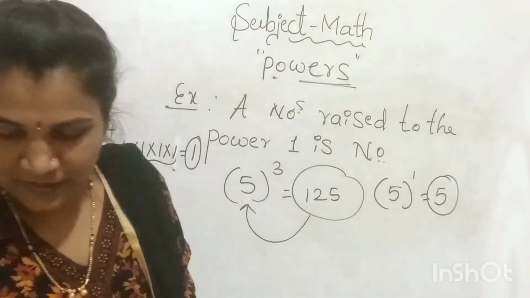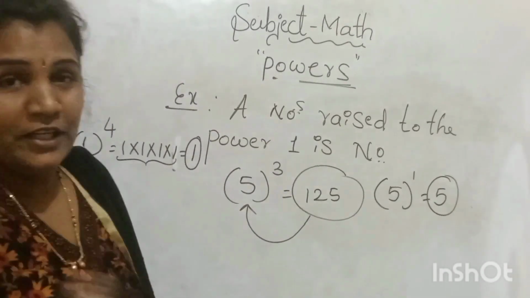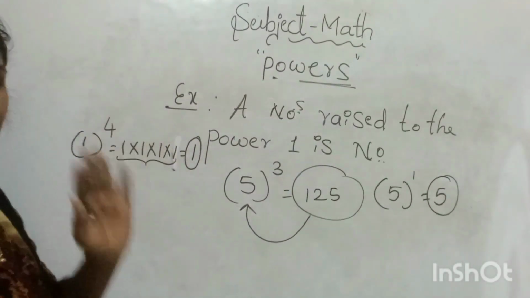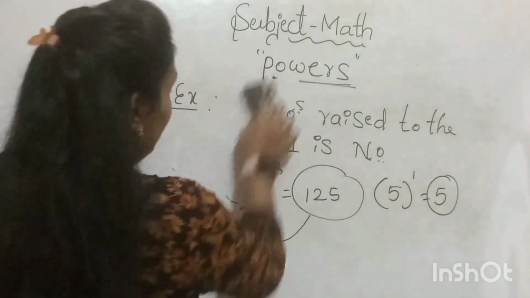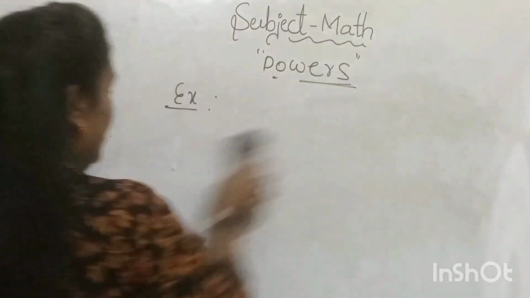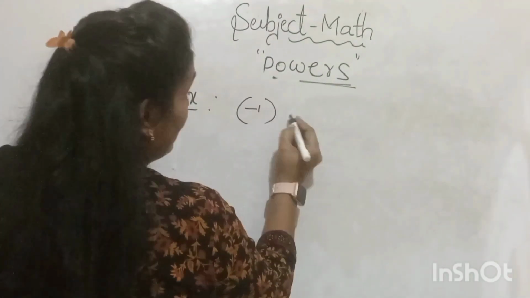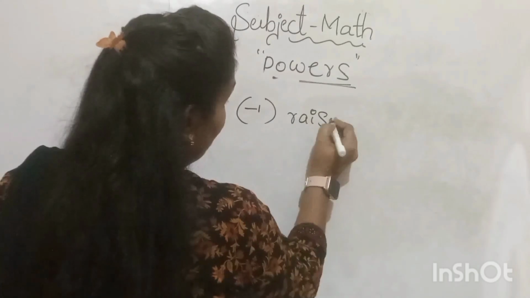Then the number minus 1, what would it be? Plus 1 is always 1. Minus 1 we will take now.